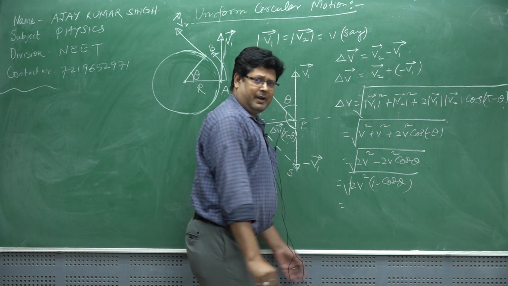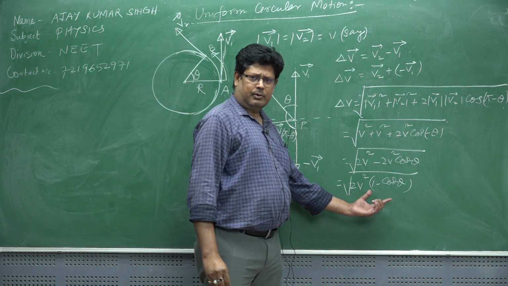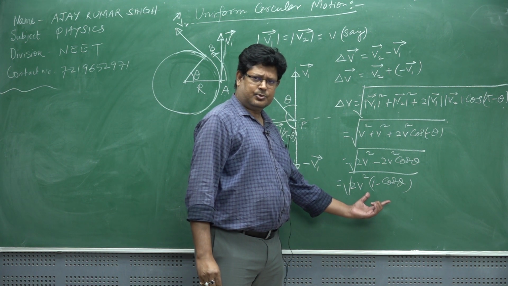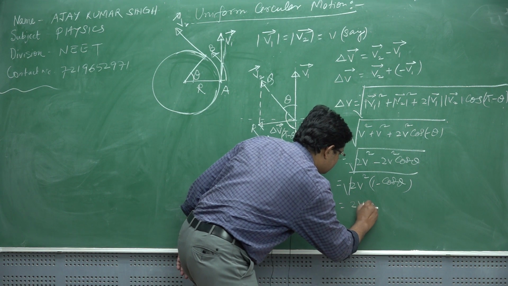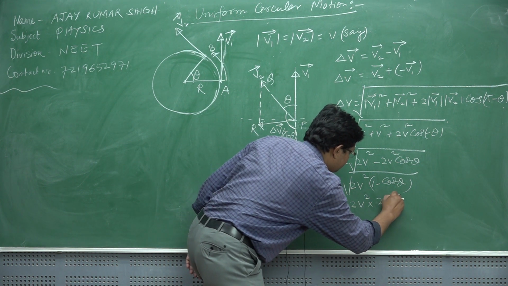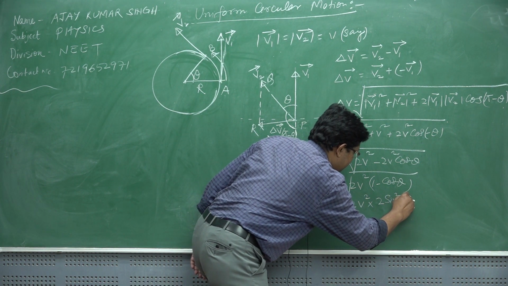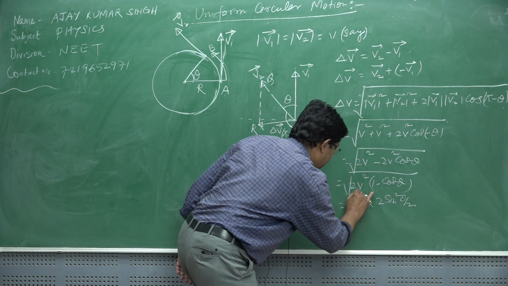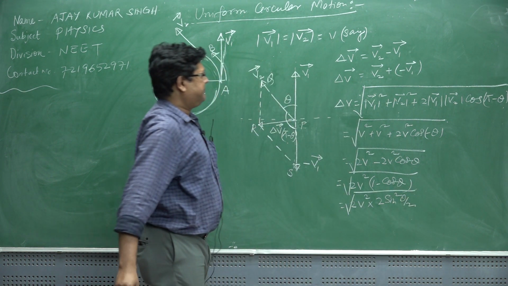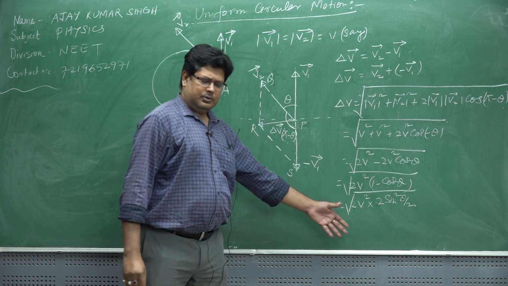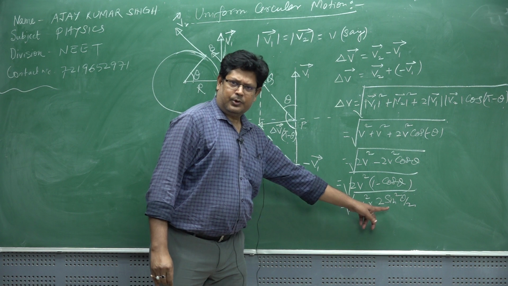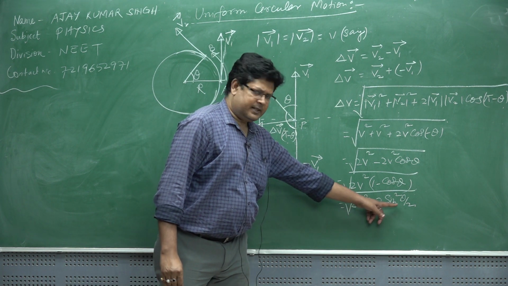So 1 minus cos theta is a trigonometric formula. 1 minus cos theta is 2 sine square theta by 2. So we can say under root twice V square into 2 sine square theta divided by 2. Okay. So up to this, and now 2 into 2, 4 V square sine square theta by 2.